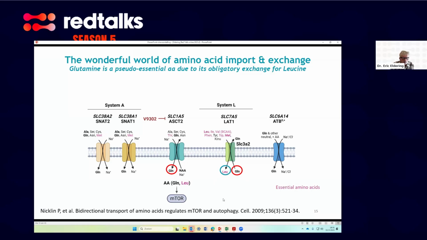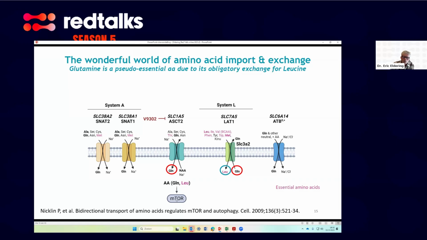And leucine has been described to be very important for mTOR and protein synthesis because the leucine levels in cells determine the activity of mTOR. mTOR is a very important protein complex for protein synthesis in cells. So that might be an explanation why blocking this receptor in fact has effects on mTOR.